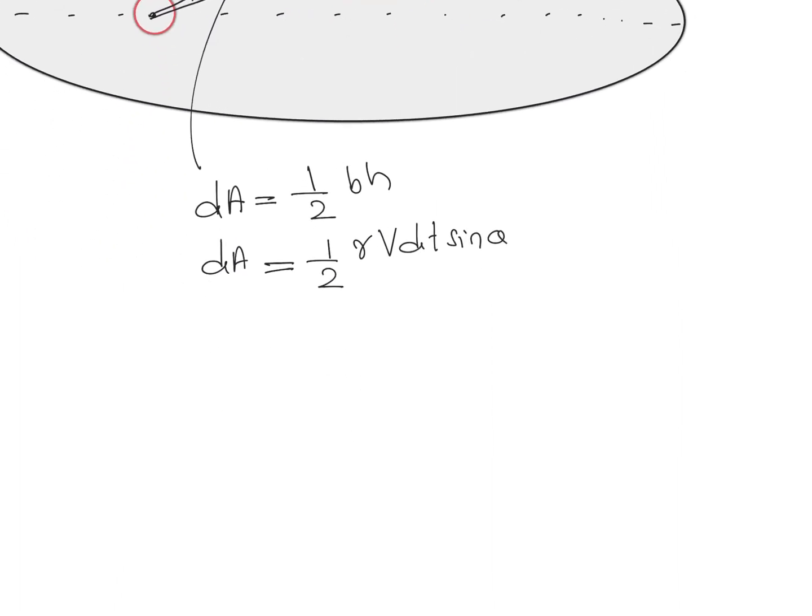Now our aim is to find out the rate of change of area, or the area covered by the line joining the sun and the planet in a time of t seconds. So we can write dA divided by dt is equal to half into v into r into sin theta.